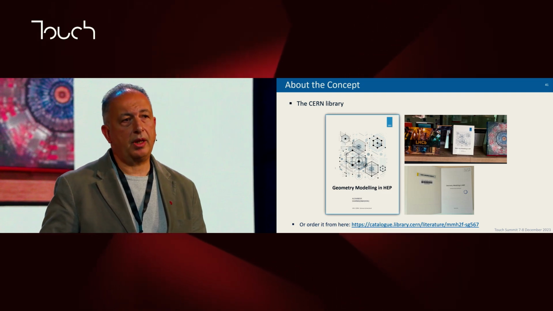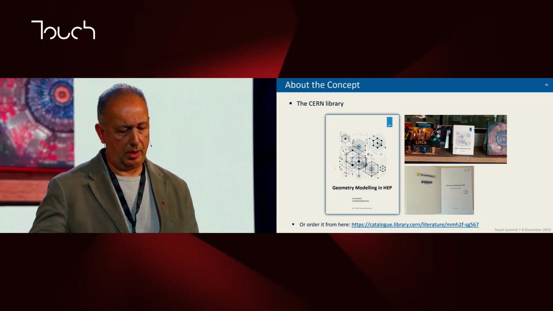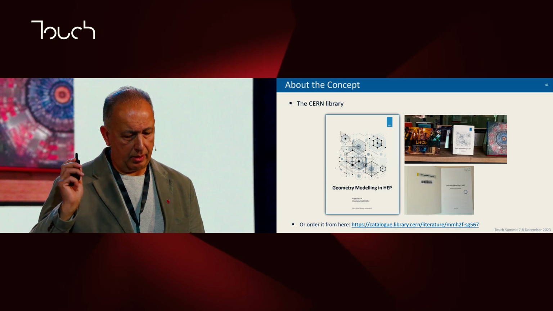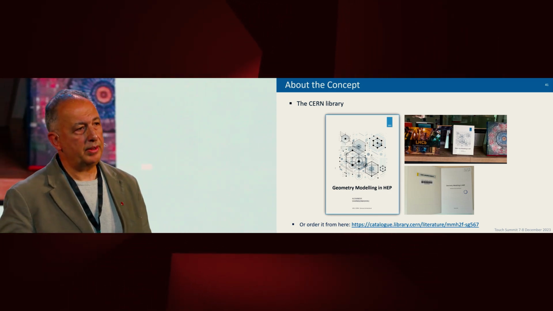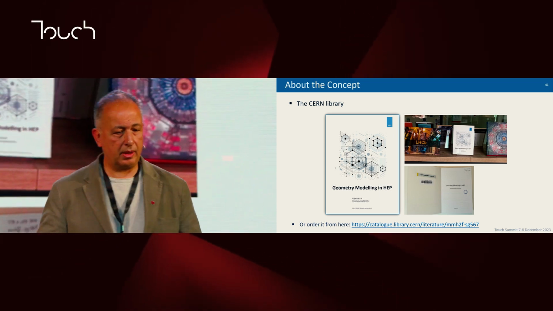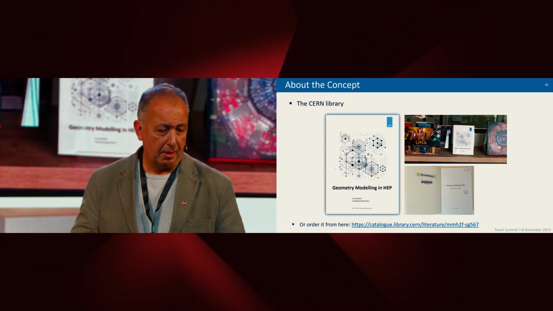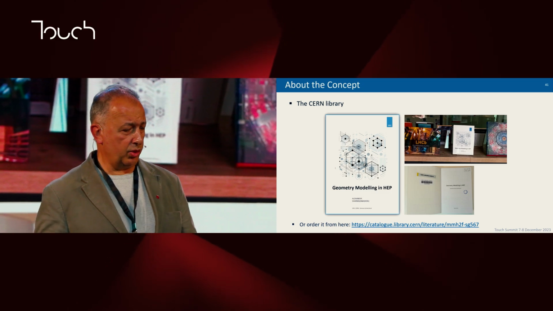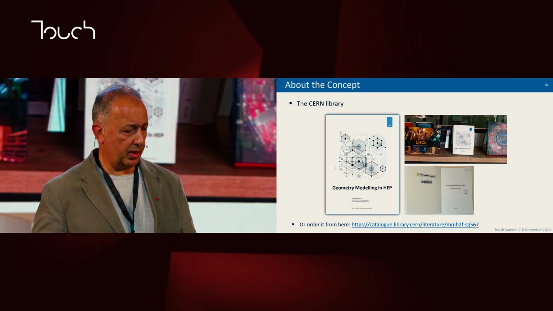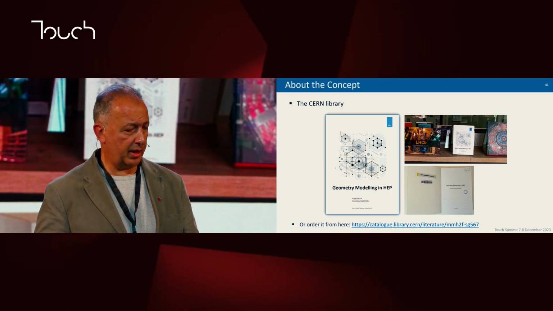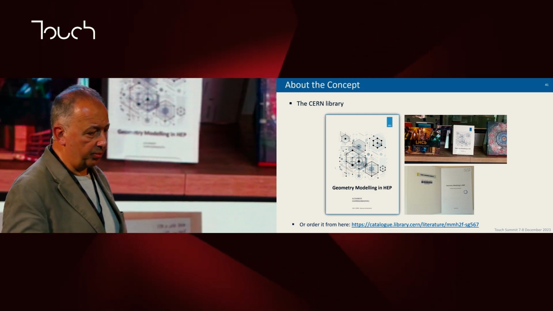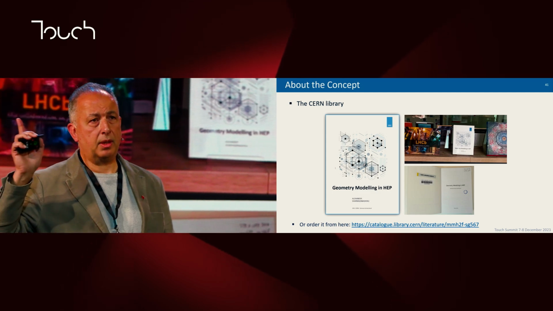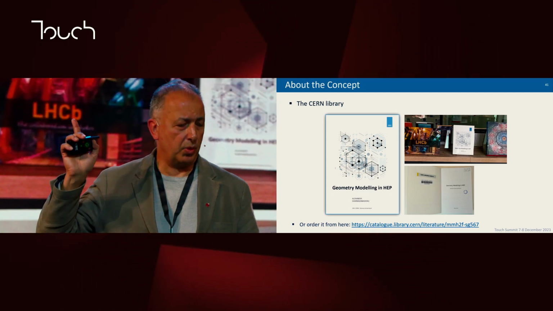If you are interested, this is the book. I wrote this book during the COVID pandemic, thanks to COVID, because it was the only therapy for me, just sitting and writing the book, a 500-page book, which was ordered from me by the CERN community, and which finally goes to the CERN library. By the way, you can pick it up from the CERN library, or even from the stage if some of you are interested.